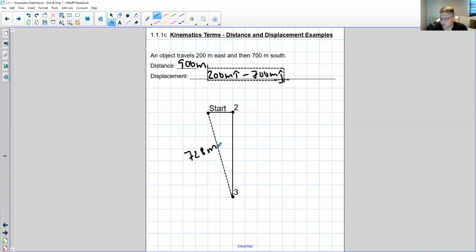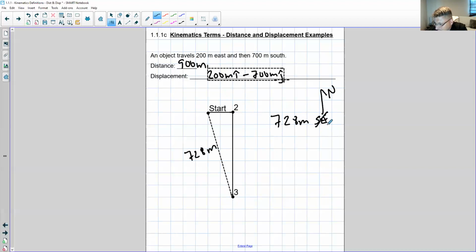So the distance from start to where this thing ends, in a straight line, is 728 meters. So the magnitude of the displacement is 728. Now, if we wanted to give the displacement using cardinal directions like north, south, east, and west, what we could not say is 728 meters southeast.